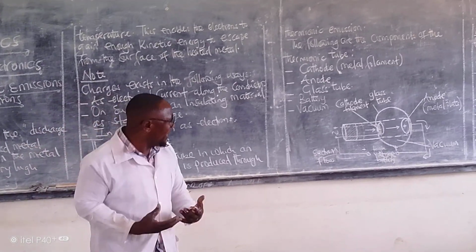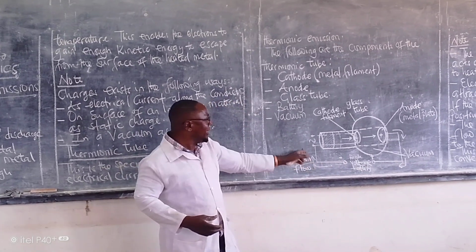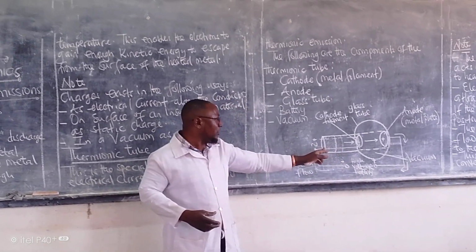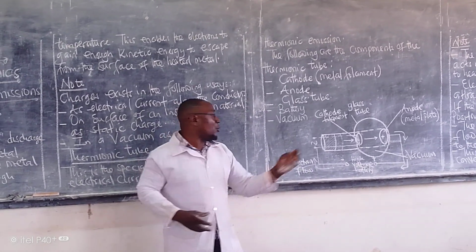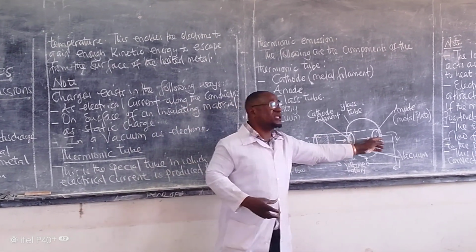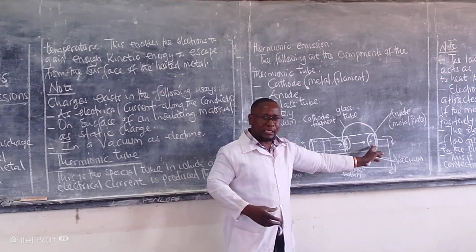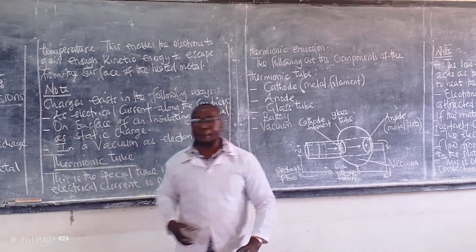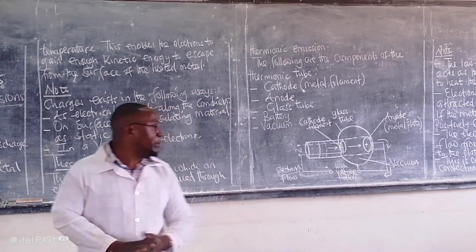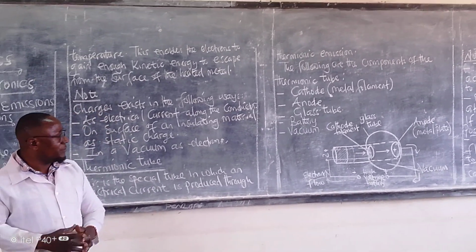And once this happens, these electrons will flow from the negative cathode. And because they are negatively charged, they are going to be attracted toward the positive terminal or the anode, the metal plate. So in this way, we are going to see some sparks that are going to be produced inside the thermionic tube.